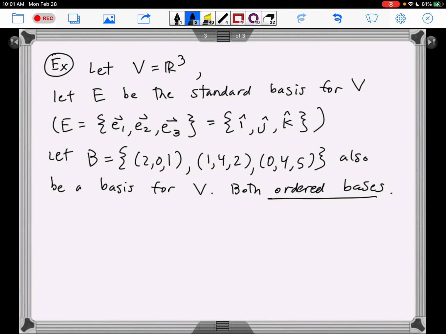Okay, so how do we take another vector and write it relative to these bases? So let me start off by picking a vector. So let's let V equal the vector -11, 8, 22.